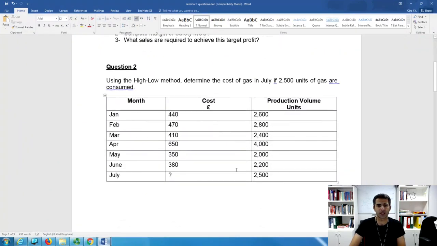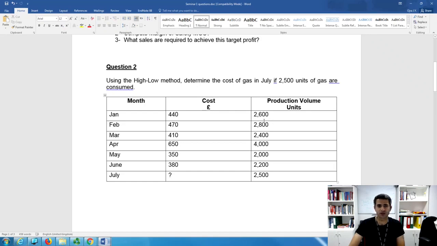Question number 2 talks about the high-low method technique and determine the cost of gas in July if 2,500 units of gas are consumed. So if you remember the high-low method technique, there are steps you need to follow. The first step, you need to calculate the variable cost per unit. So first of all, take the highest level of output and the lowest level of output.